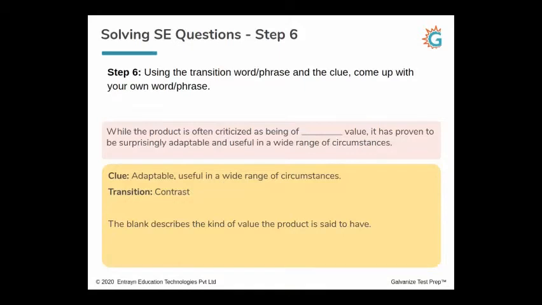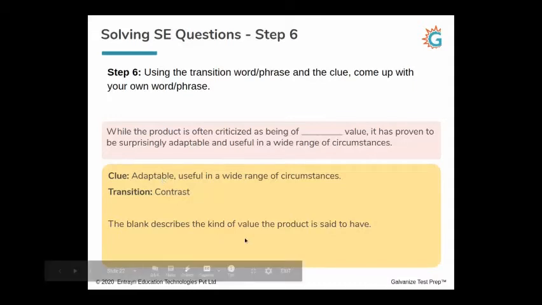Okay, take some device, a random device. It is surprisingly useful in a wide range of circumstances. Okay, so you did not expect it to be useful in several places. You thought it would be useful in only one place probably. Okay, and you did not expect it to be adaptable. You thought it would be kind of rigid and fixed to that particular use. That is what is happening here.